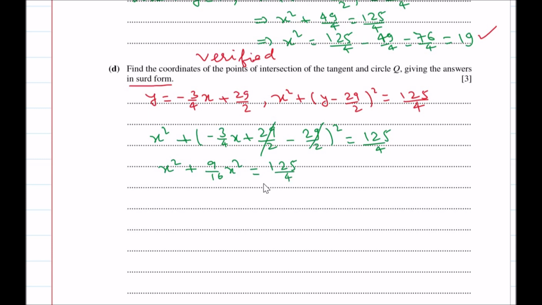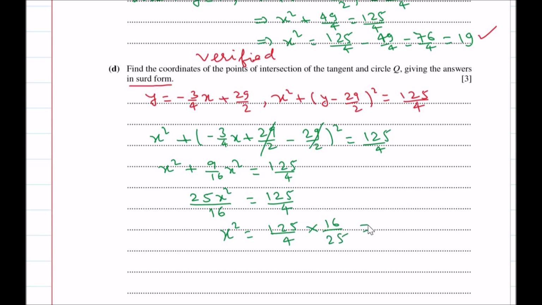Alright. Now if you simplify the left side, combining both the terms, we get 16 plus 9, 25x square by 16 is equal to 125 by 4. So x square is equal to 125 by 4 into 16 by 25.